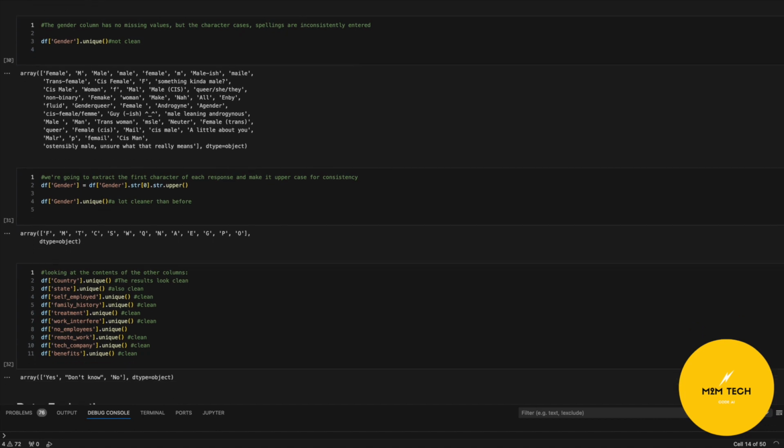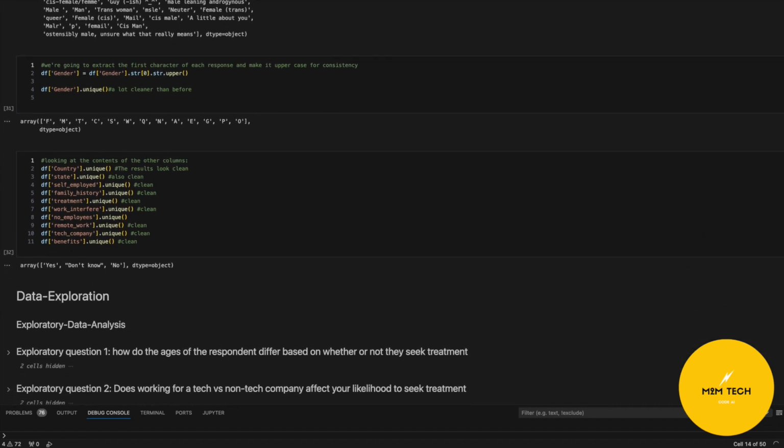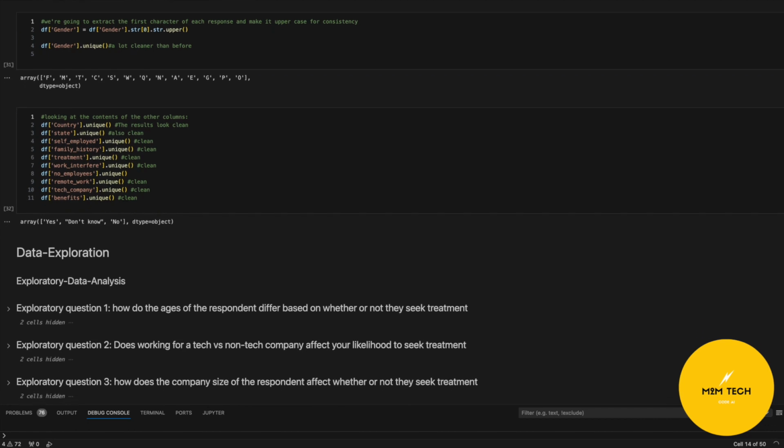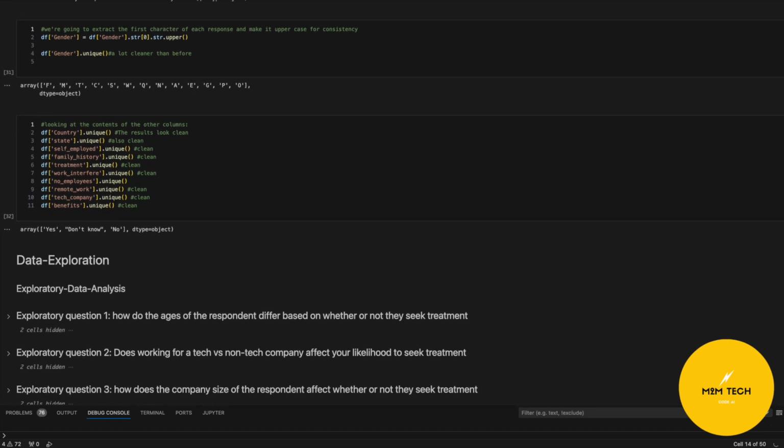Moving on to the genders, we see that it's not clean. There's a lot of error. The shortcut I used was to extract the first character of each response and make it uppercase for consistency. That just reduced the number.